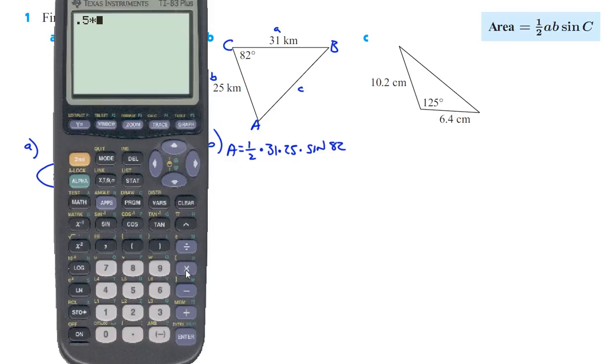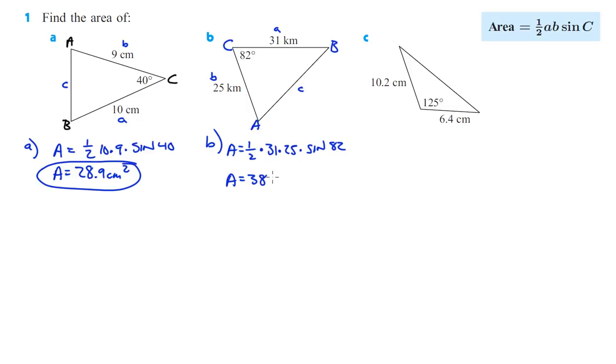So 0.5 times 31 times 25 times sine 82. Right, 383.72, so we'll call it 383.7. And this is kilometers, and since it's area, it'll be kilometers squared.